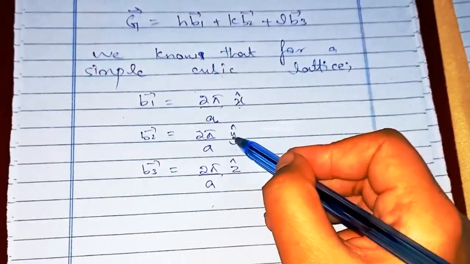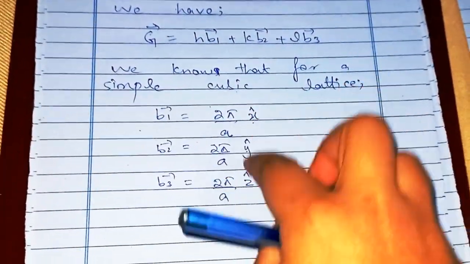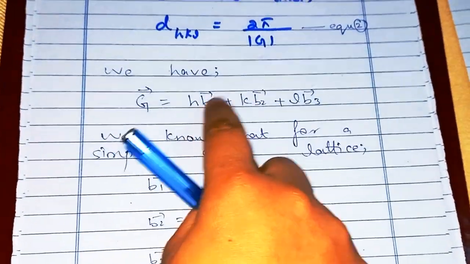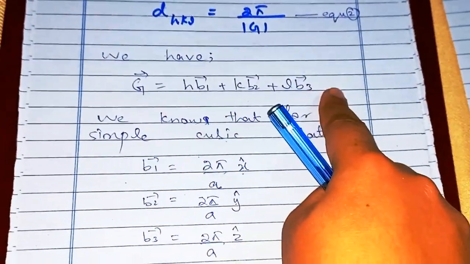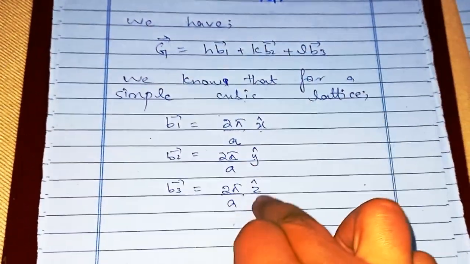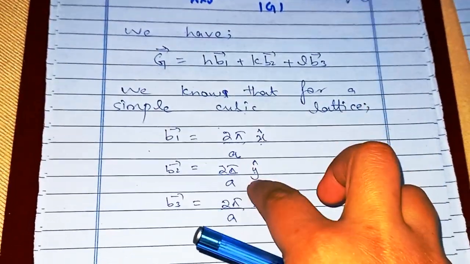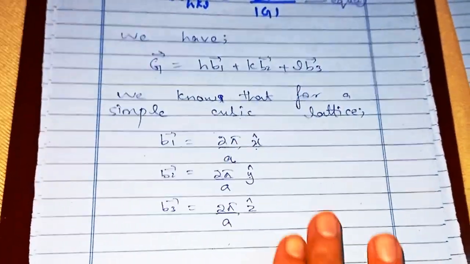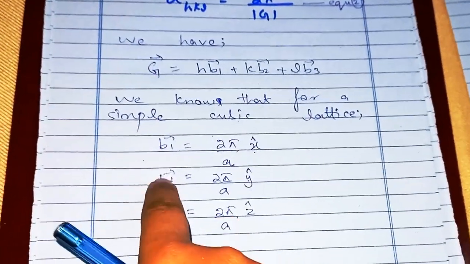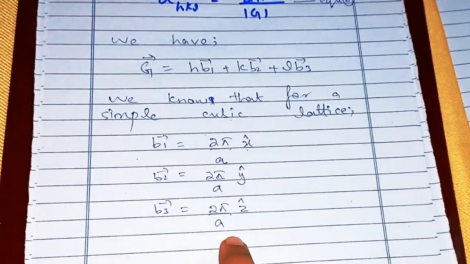These are i hat, j hat and k hat, but we are using x, y, z because we used a similar alphabet notation to represent vectors here as well. You can use i hat, j hat, k hat, or x hat, y hat, z hat. They are all equal. So these are the reciprocal vectors of a simple cubic unit cell.